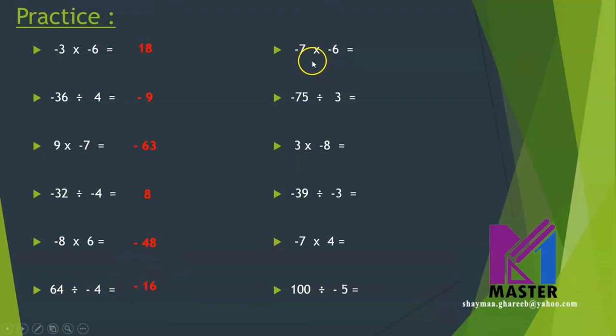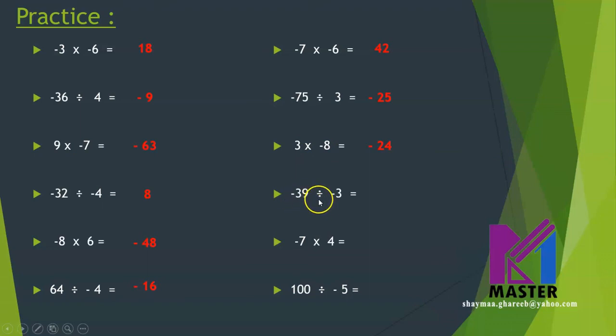Here, negative 7 times negative 6, so the answer will be positive 42. Negative 75 divided by 3, the answer will be negative because negative divided by positive equals negative, so it will be negative 25. 3 times negative 8, so the answer here will be negative 24.